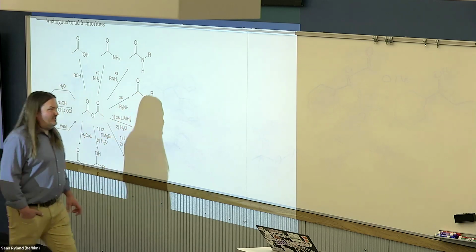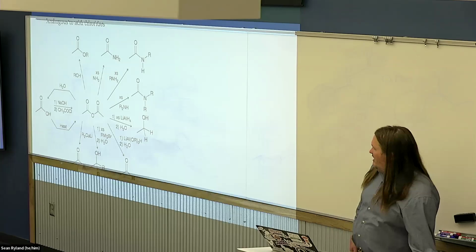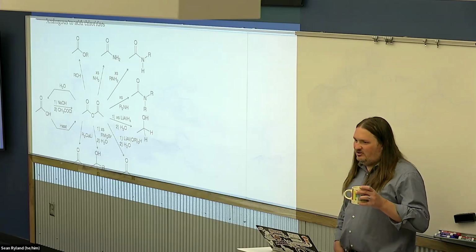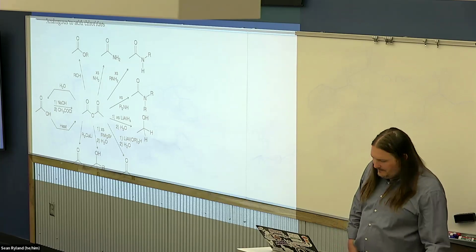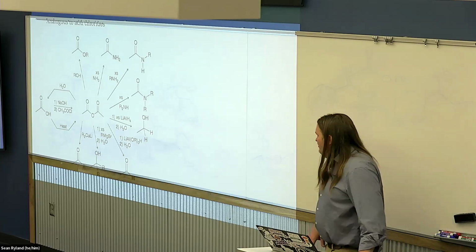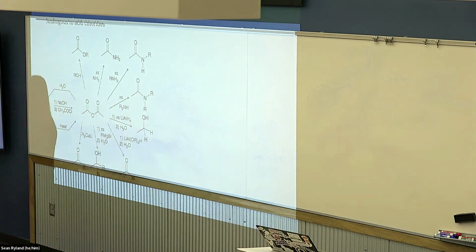But you're going to get some sort of statistical distribution of products if you try to do the alcoholysis with an asymmetric acid anhydride. But in general, you don't see asymmetric acid anhydrides that often anyway. They're almost always symmetrical. They tend to just be easier and more predictable to work with.